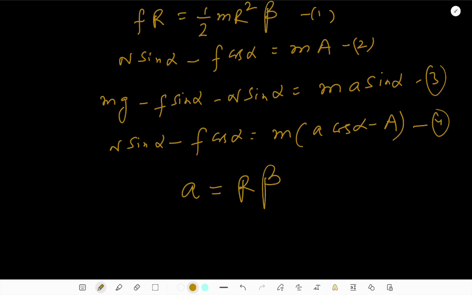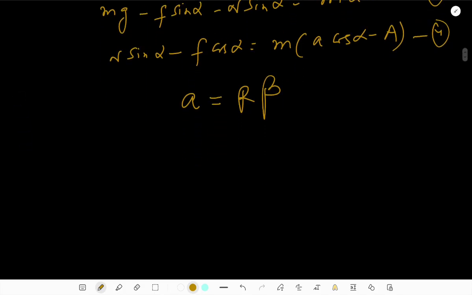And after putting all those things, you can get the value of A, the value of small a, the value of friction, the value of normal, and that's it.